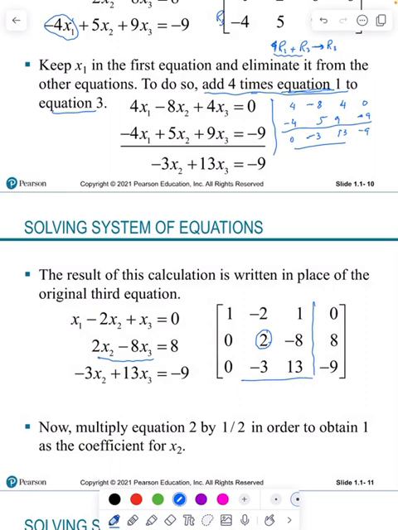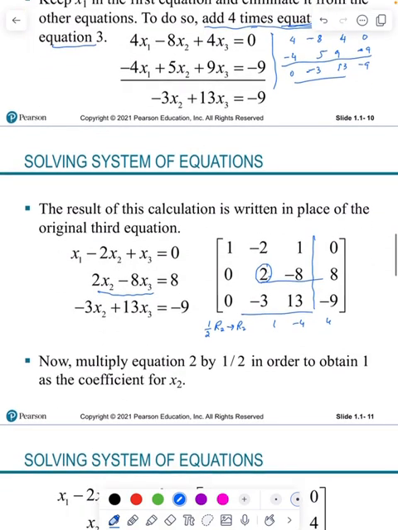So how will we write that in our matrices? We say 1 over 2 R2 gives us new R2. So what will that be? The new R2 will be 1, negative 4, and 4. So I replace this now by this new one here in the next step.